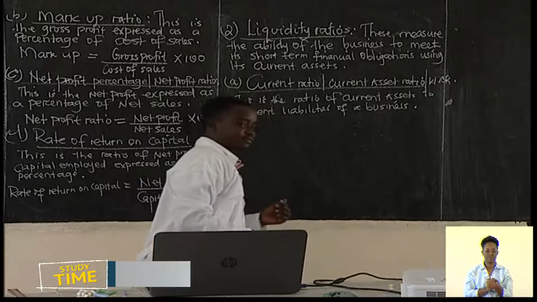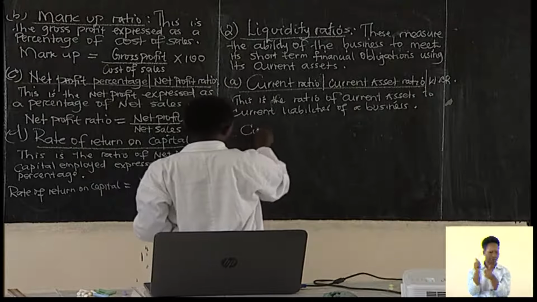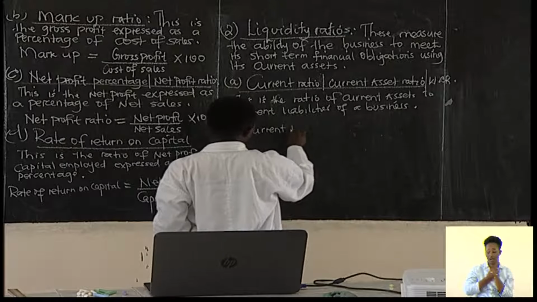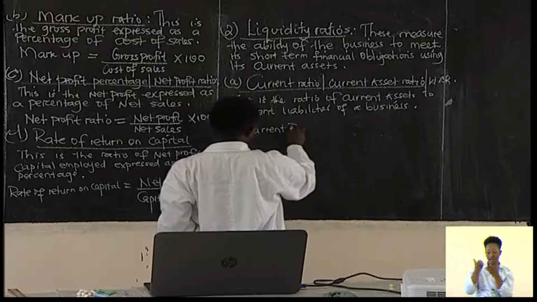How do we get it? Our current ratio is equal to current assets, you know examples, divided by current liabilities.